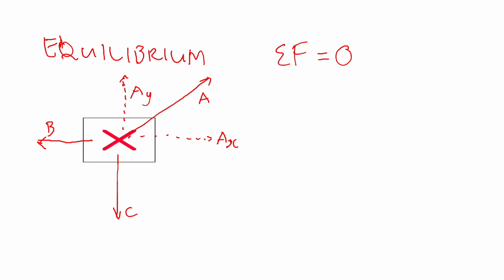Now we can say that this object is in equilibrium if the x components of the forces cancel. Which means the summation of Fx, which is equal to Ax plus Bx, must be equal to 0.